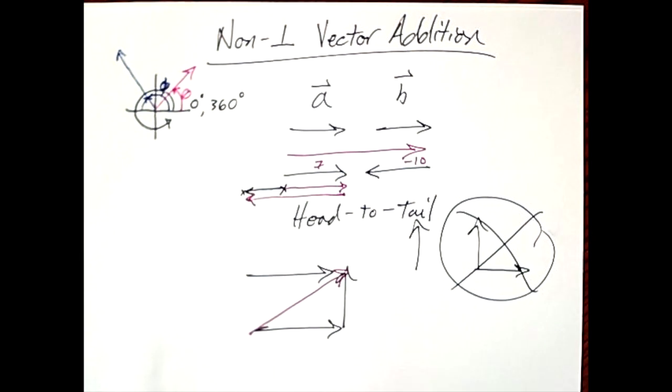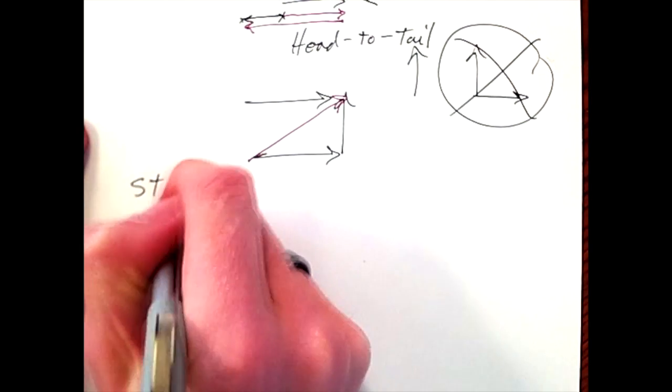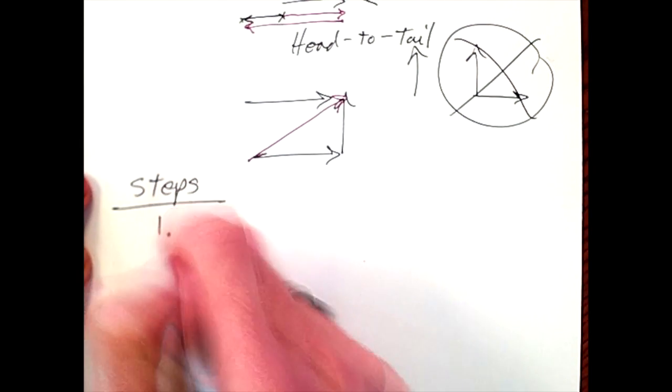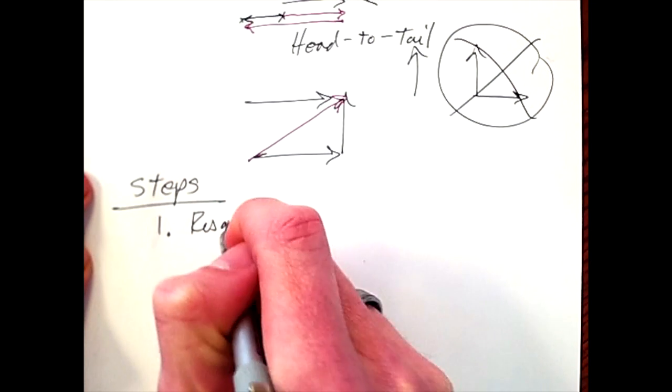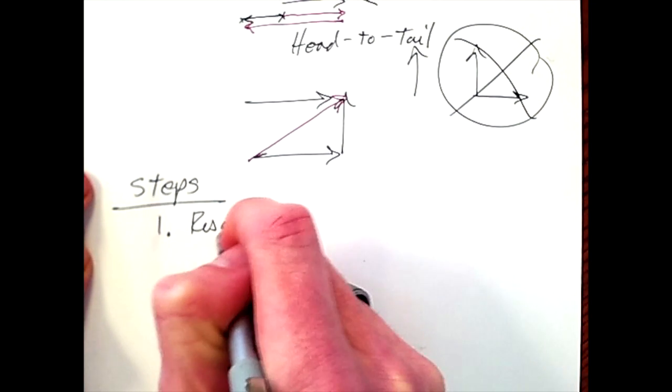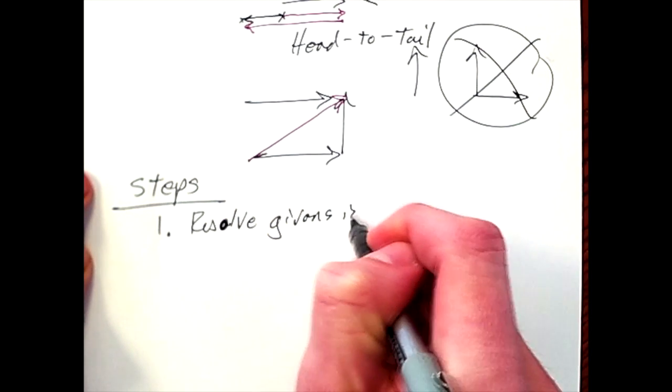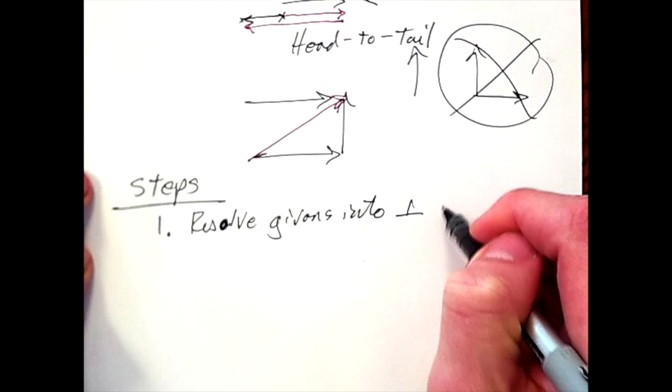The basic step process has what I think is 3 steps. First step is to resolve the givens into perpendicular vectors.